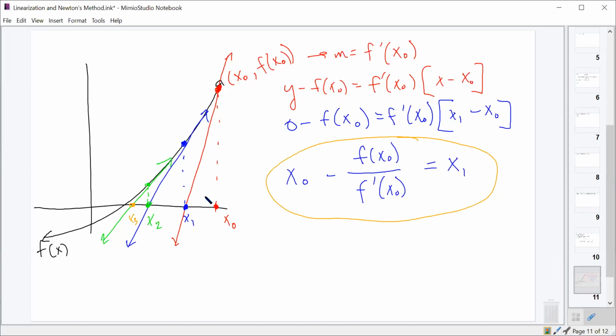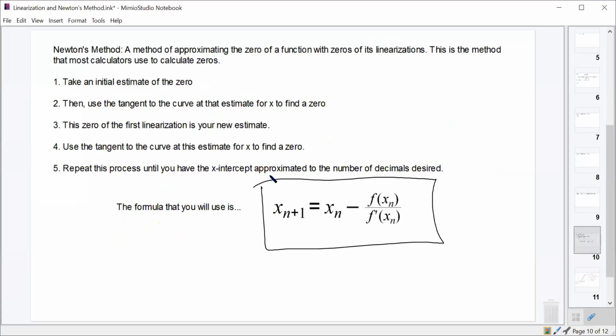And then you could just plug that one in and find the next intercept, and then plug that one in and find the next intercept, and so on until you are as accurate as you wanted to be. And that's what this formula right here is saying. X sub n plus 1, the next x-intercept, is the previous x-intercept minus f evaluated at that x-intercept divided by f prime evaluated at that x-intercept. And that's what we're doing: we're just repeating that process over and over and over until it's accurate.